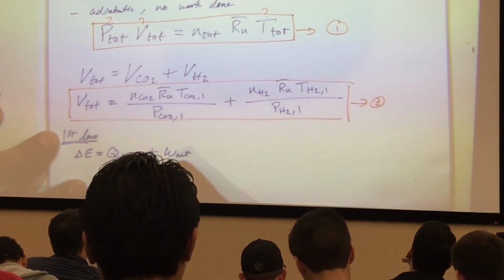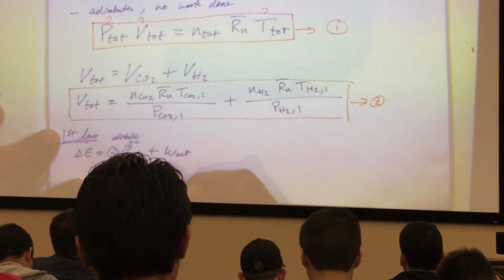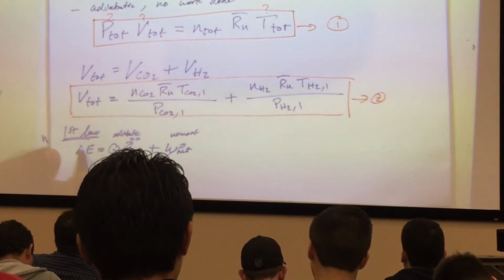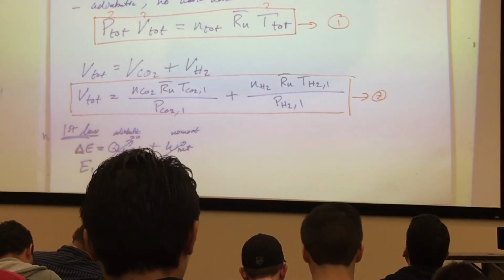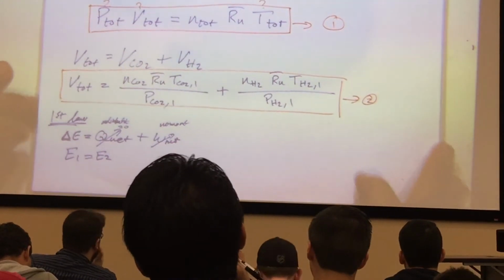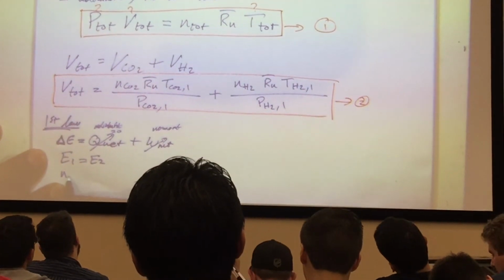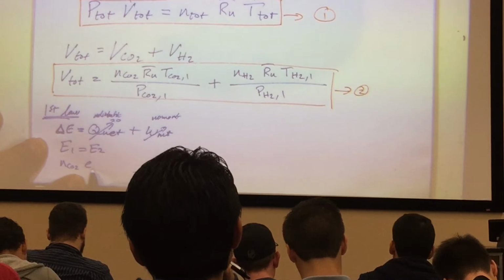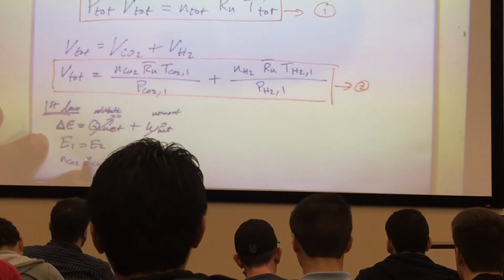Do I have Q? I said it's an adiabatic process. Equals 0. And I said no work done. No work. So what does that say is the rate of change of energy is going to equal zero, so E1 is equal to E2. Hence that equation that I just listed in terms of difference in internal energy. So from there, I could say N of CO2 multiplied by E. Now, which E are we talking about here? Bar, very good.